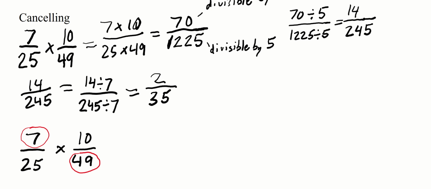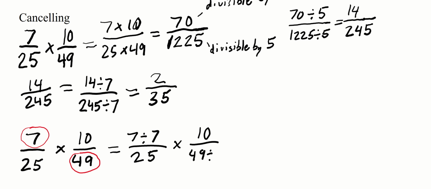And then we are going to divide both of these quantities by their greatest common factor. In this case, it is 7. So now we have 7 divided by 7 over 25 times 10 over 49 divided by 7.